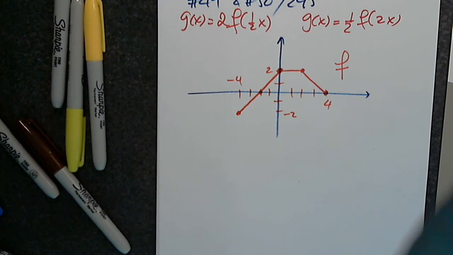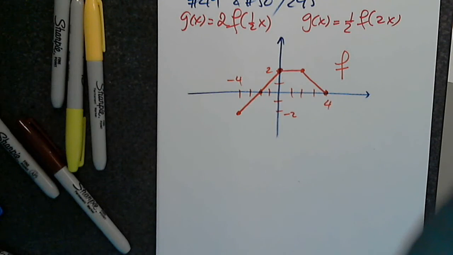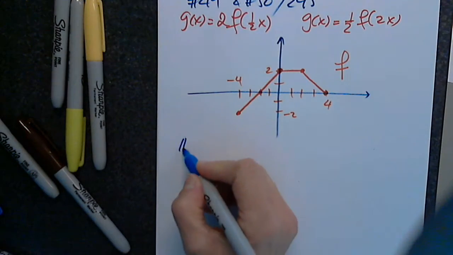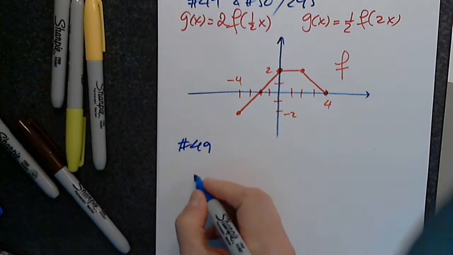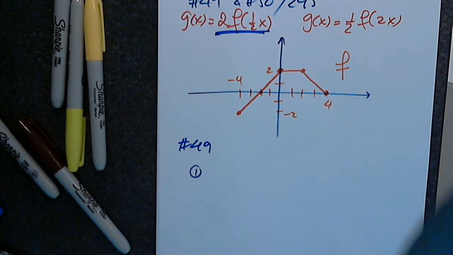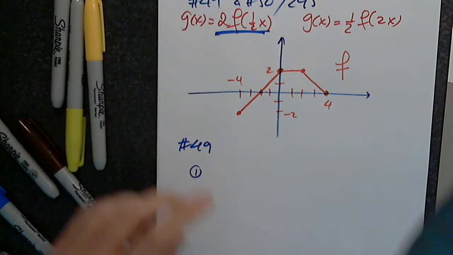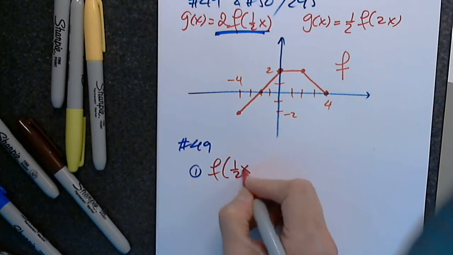So let's work on problem 49 first. I have to present the first transformation. What is the first transformation in this? In order of operations. Say it again. Yes, I have to write f of 1/2 x. Good.